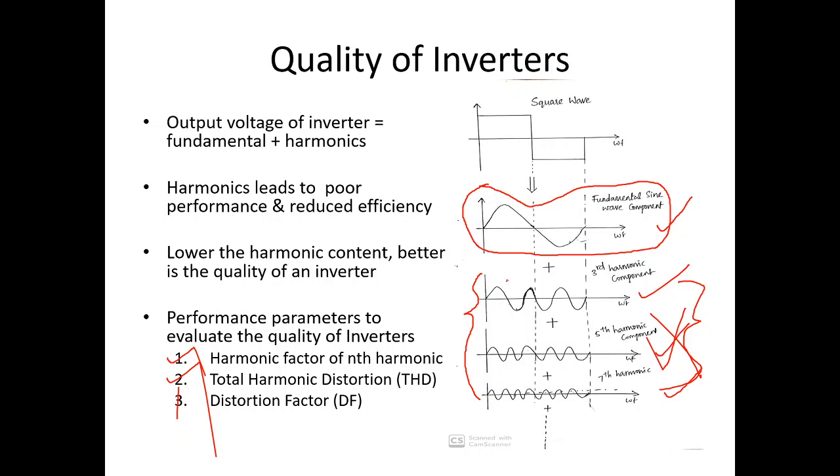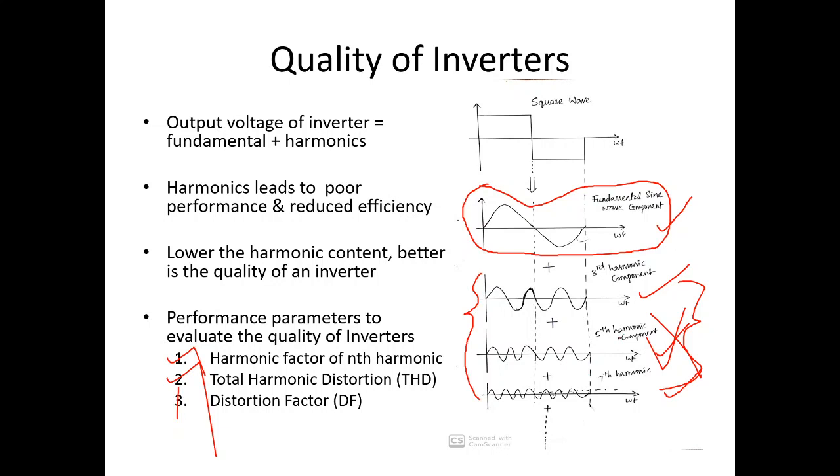If I would like to know the harmonic factor for the third harmonic, then you should know the RMS value of the third harmonic component and the RMS value of the fundamental component. So RMS value of the third harmonic by RMS value of the fundamental component is the harmonic factor for the third harmonic. Similarly, you can compute the harmonic factor for the fifth harmonic, seventh harmonic, and so on.